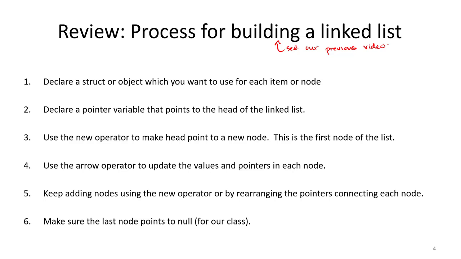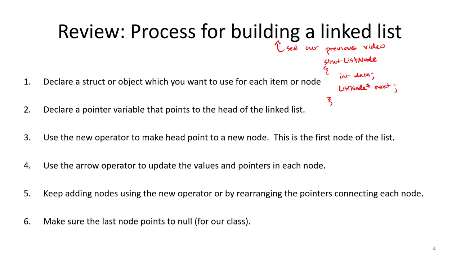So our first step in creating a linked list is we first have to declare a struct or an object to represent the nodes of our linked list. So for our purposes, we had been declaring this list node struct containing some variable named data and a list node type pointer called next.